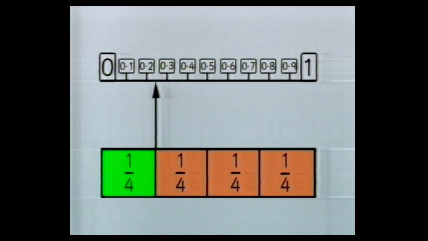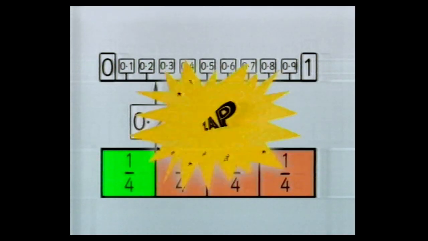It falls halfway between 0.2 and 0.3. How are we going to write that? Like this. It's more than 0.2, but not quite 0.3. In fact, it's exactly halfway between. So we call it 0.25. So 1/4 is 0.25. Got it?